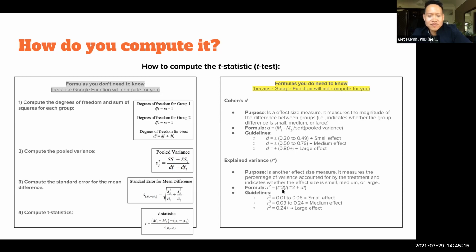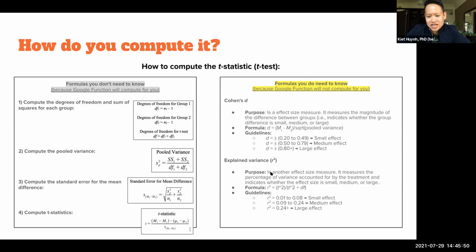You could also estimate a number and say the medication was responsible for 50% of that improvement, or 75% of that improvement, or 80% of that improvement. That's what these values mean. 0.01 to 0.08 means the medication accounted for 1% to 8% of the improvement. 0.09 to 0.24 means it accounted for 9% to 24% of the improvement. 0.24 or larger means it accounted for 24% or more of the improvement in depressive episodes.